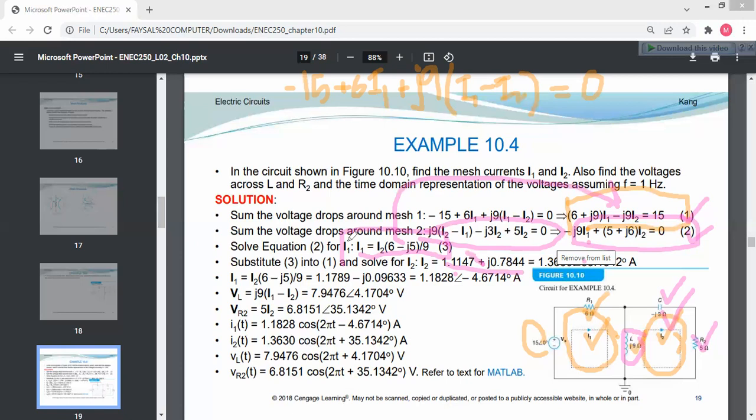From this, we can find the values of I1 and I2 respectively. Now finding VL and VR2. So VL will be J9 into I1 minus I2. So J9 will be 7.9476, this one.